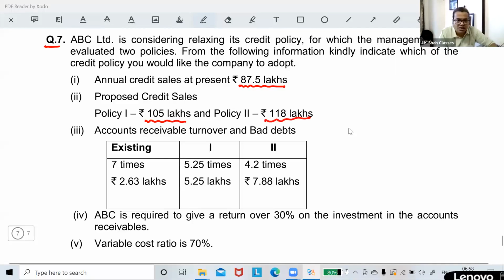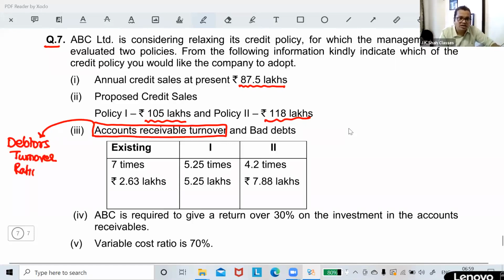Accounts receivable turnover. Accounts receivable means debtors. So this is the debtors turnover ratio, given to you as 7 times, 5.25 times, 4.2 times.